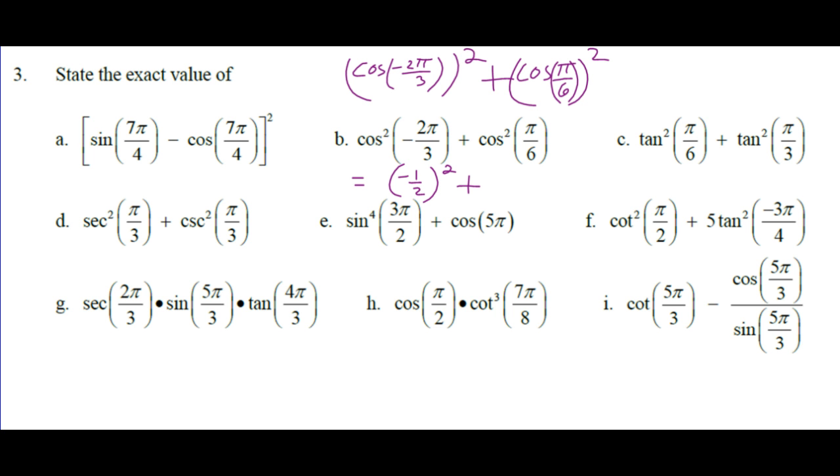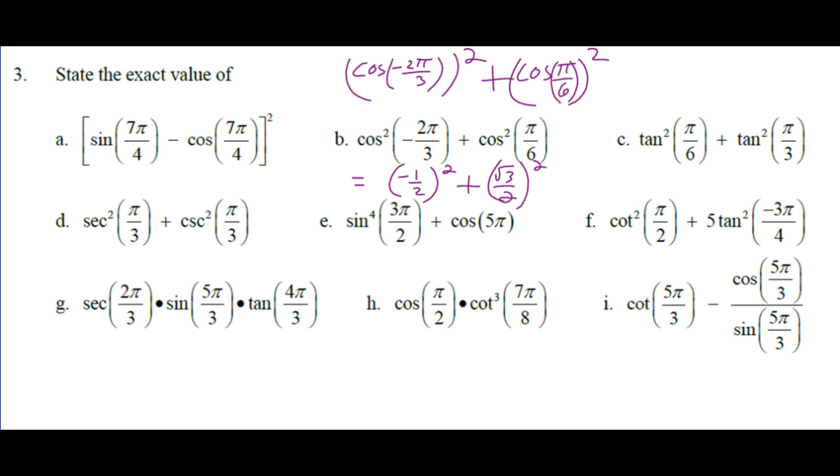You could also use coterminal angles, just add 6 pi over 3, making it cos of 4 pi over 3. It's still negative, it's the same angle. And then cos squared of pi over 6. The cos of pi over 6 is root 3 over 2, and that's being squared.